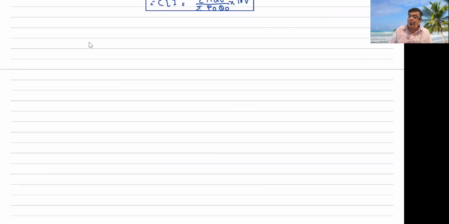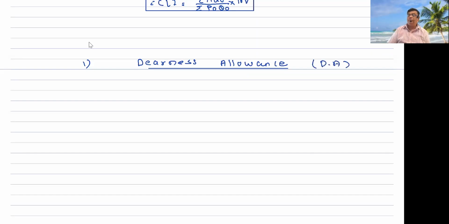Now, what are the applications of the concept of CLI? First application is the determination of dearness allowance, what we popularly call DA, and we call it Mahagai Bhatta.